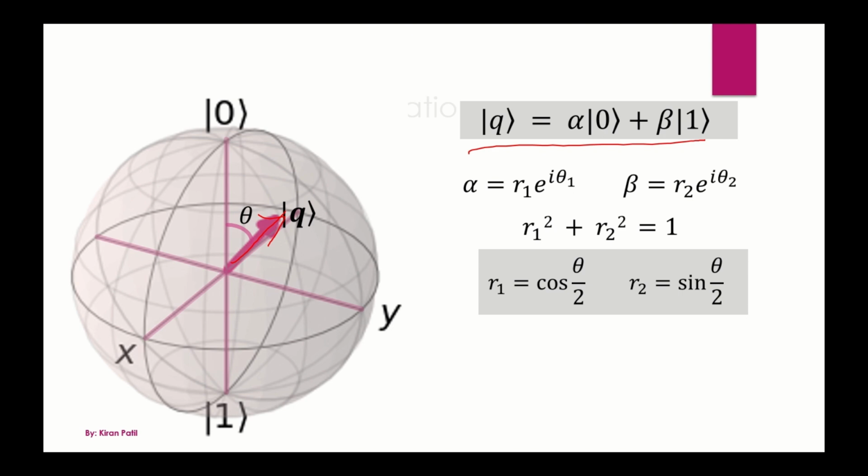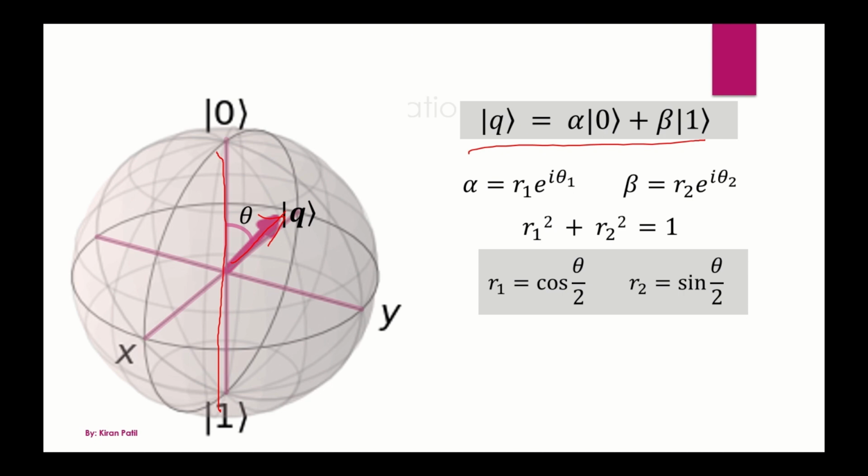Here, this z-axis is a basis vector. When I say this qubit is on the basis of 0 and 1, that means I'm calculating the angle between the qubit and the z-axis.